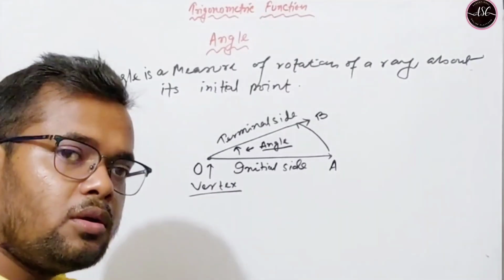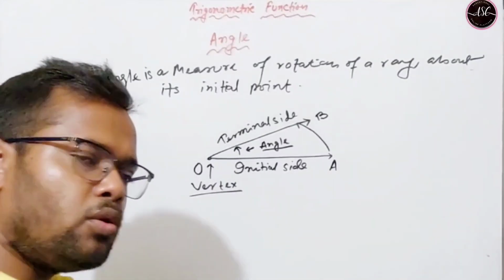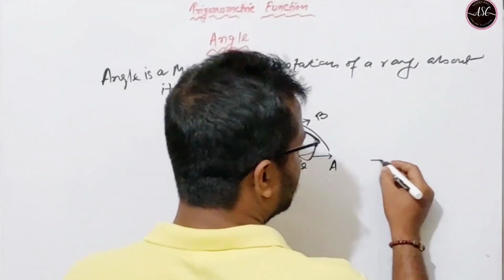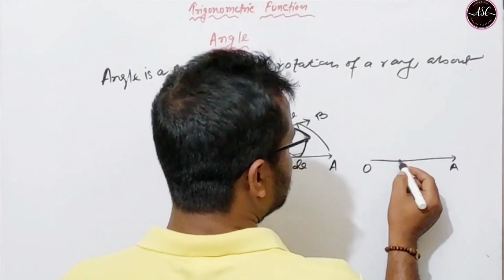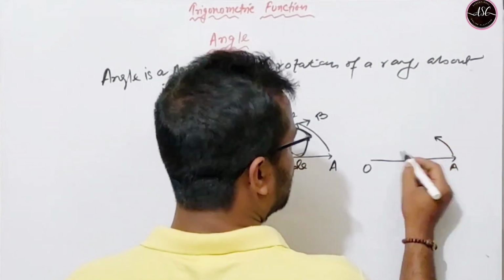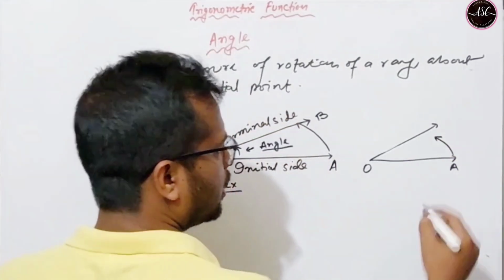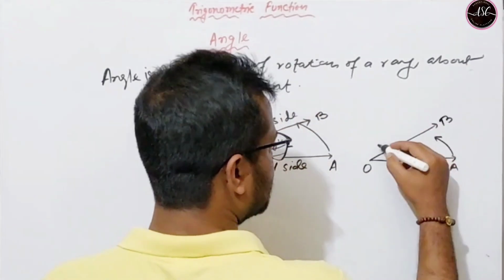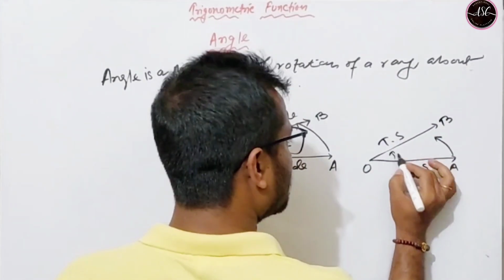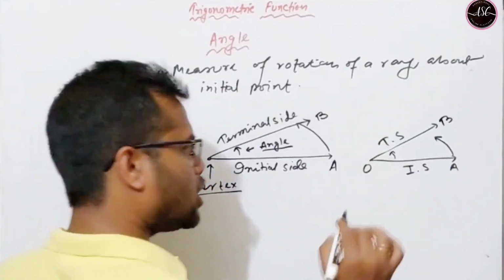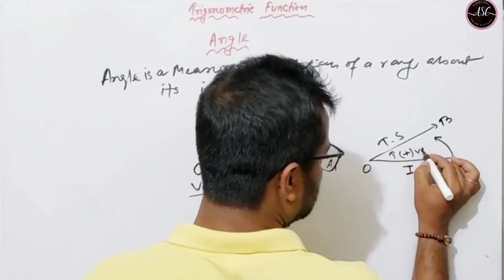There are two things we are going to know. Here just look. If a ray OA rotates anti-clockwise, and this is the terminal side, and this is the initial side, then the angle will be positive.